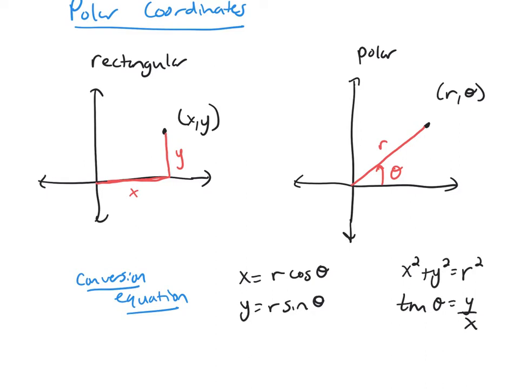You can see those equations if you put these two pictures together into a single picture here. So here's theta, here's r. You can use the Pythagorean theorem to get this one. Tangent is opposite over adjacent. That's how you get that one.